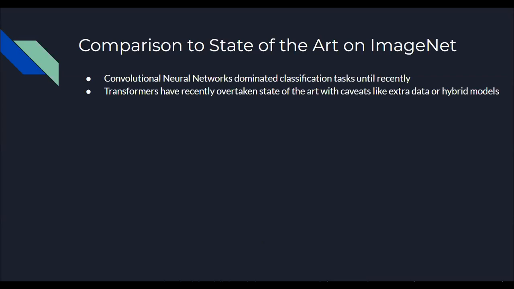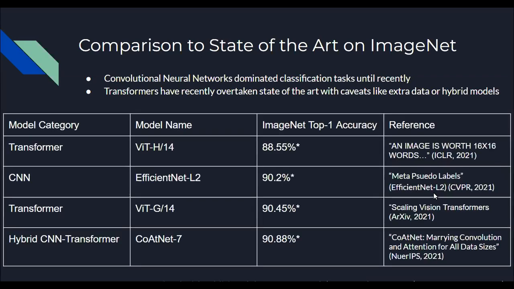And then if we look to compare this paper, ViT, to current state-of-the-art on ImageNet, we know from history that convolutional neural networks have really dominated classification tasks. Transformers have recently started to overtake them with some caveats, which I'll go into in a second. So if we look at this table here, you can focus on the first model.